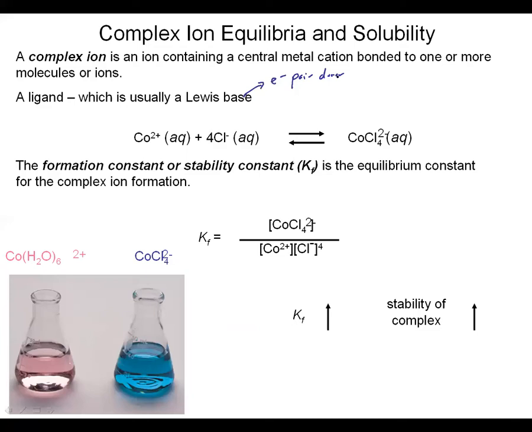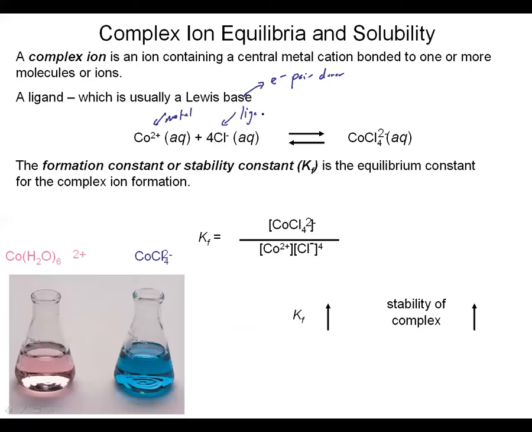So things that have a negative charge are really good, because that means they have extra electrons. Polar molecules with non-bonding electrons, like water and ammonia, are good Lewis bases. If we look at this formation, we have a metal and our Cl minus, which are our ligands.